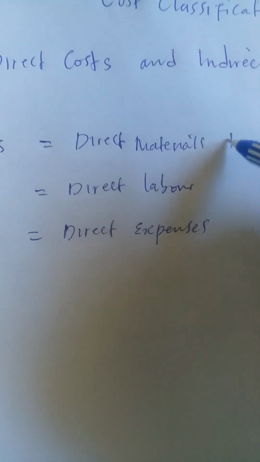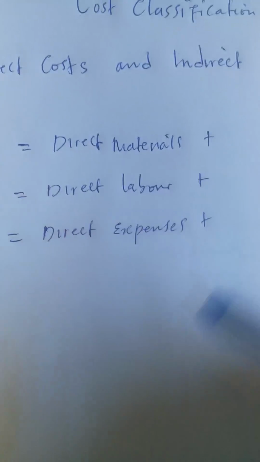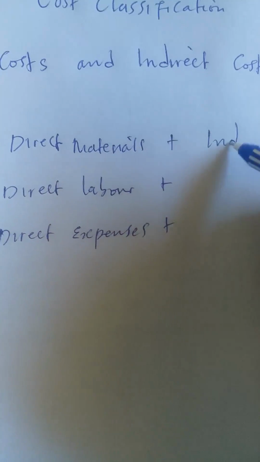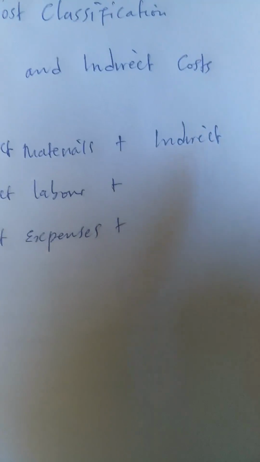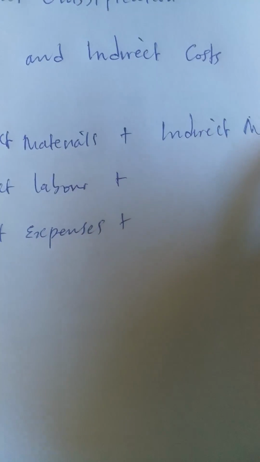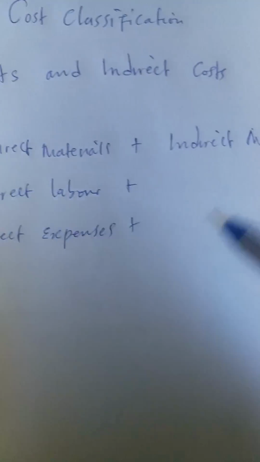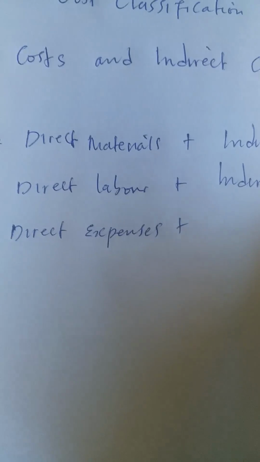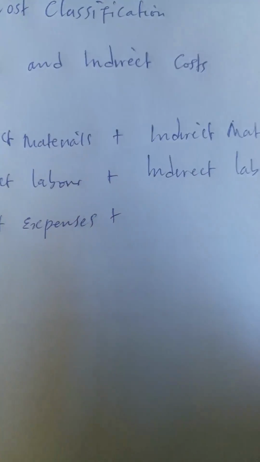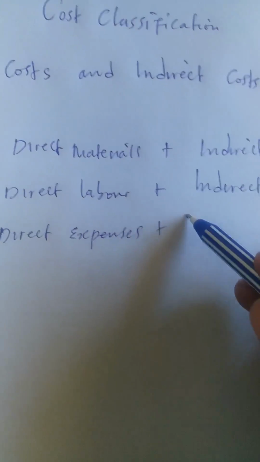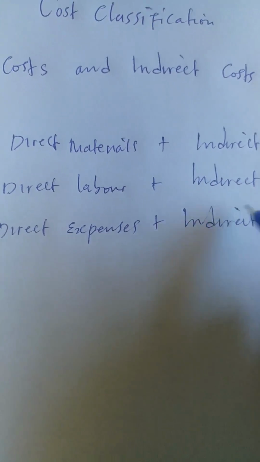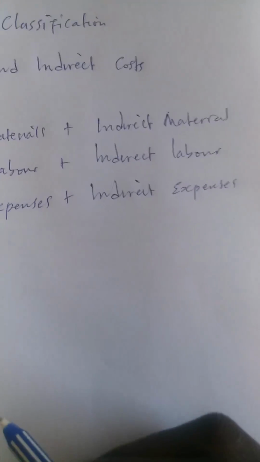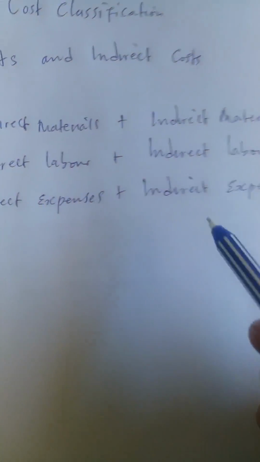Then we also have another component: indirect material, indirect labor, and indirect expenses. So this is the indirect part.